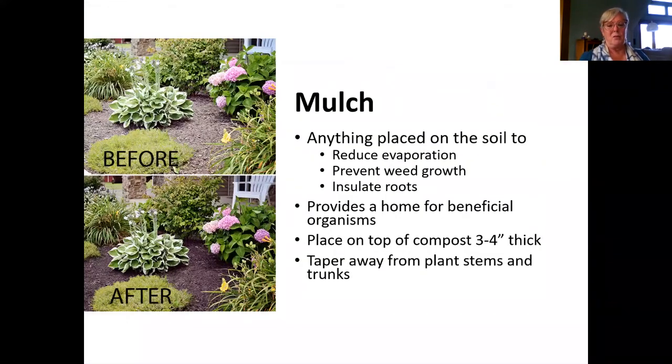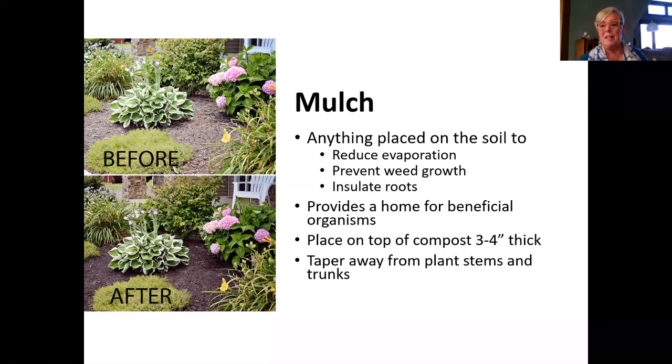This is a good before and after picture somewhat. If you know your mulches, you can see the difference. Before, bare dirt, that tends to compact a whole lot more. One of the things that mulches do is help take that pound per square inch and disperse it, so that the earth underneath the mulch does not compact to the same degree as bare earth does. So it also reduces evaporation.